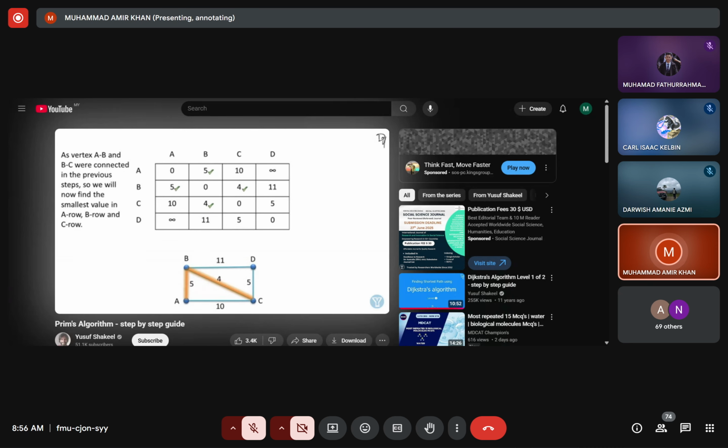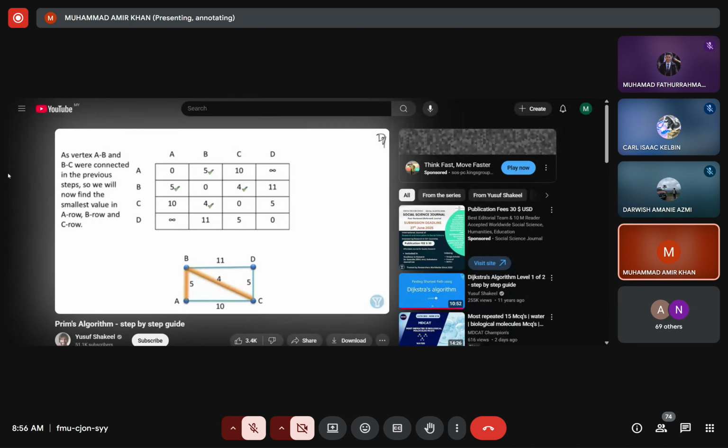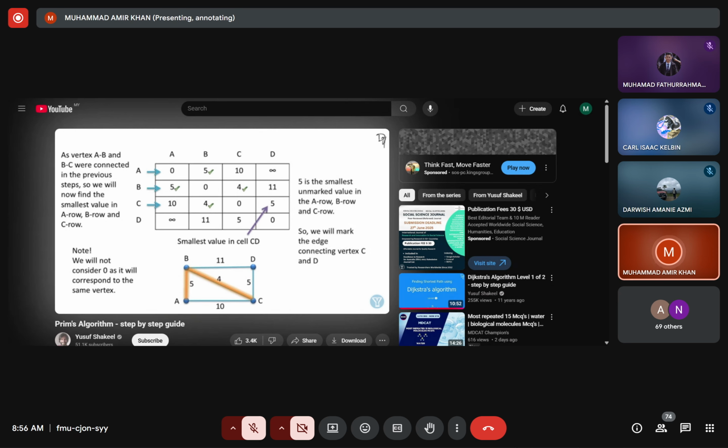So we have the smallest value, which is 5. 5 is the smallest value, in cell CD. So we'll mark the edge connecting CD.